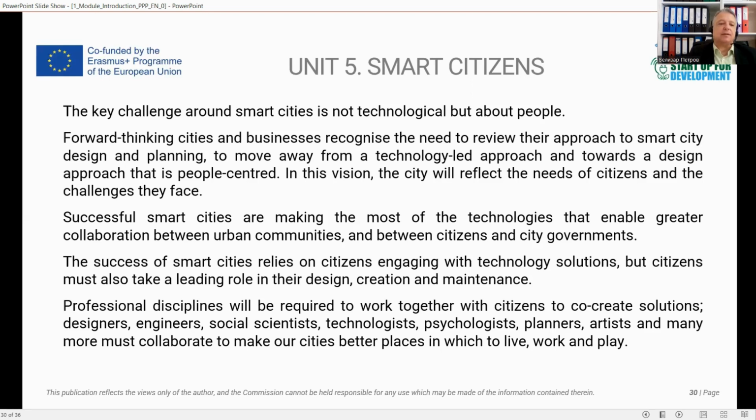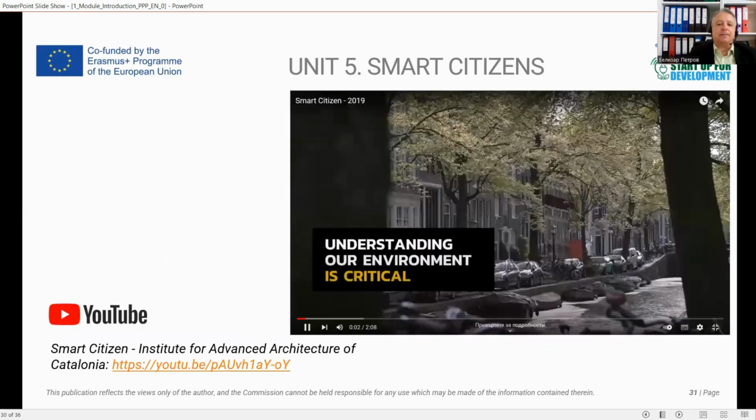Designers, engineers, social scientists, technologists, psychologists, planners, artists, and many more must collaborate to make our cities a better place in which to live, work, and play. Here you can find a link for a video about smart citizens provided by the Institute for Advanced Architecture of Catalonia.